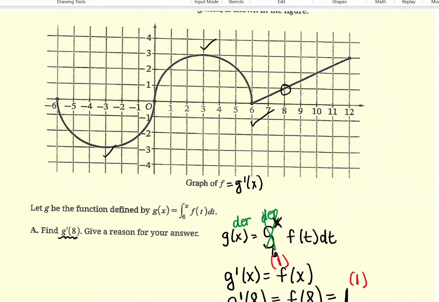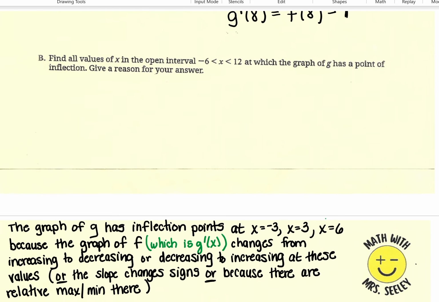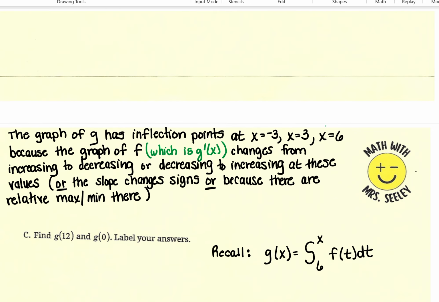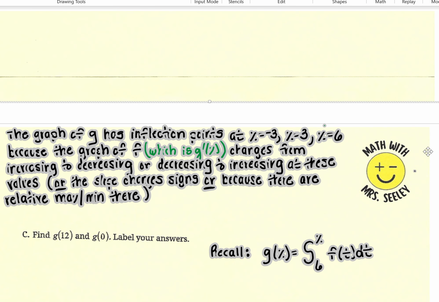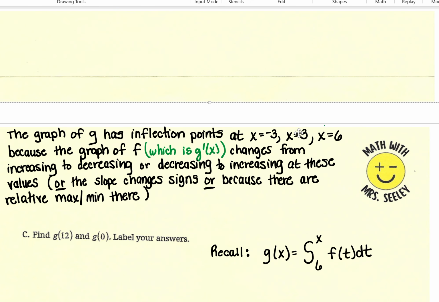So to write that out, we would say the graph of g has inflection points at -3, 3, and 6 because the graph of f, which we just said is really the first derivative, changes from increasing to decreasing or decreasing to increasing at these values.